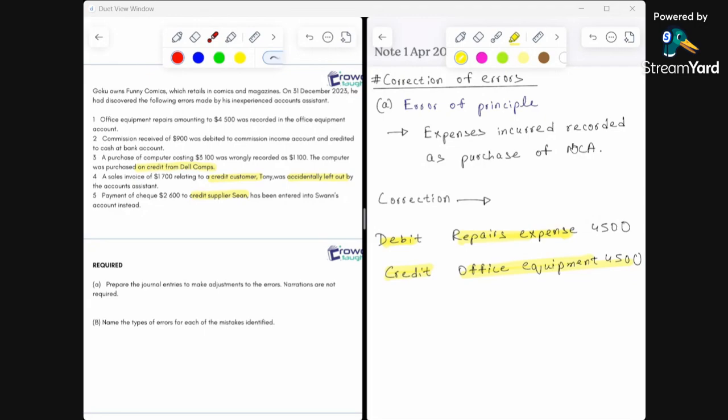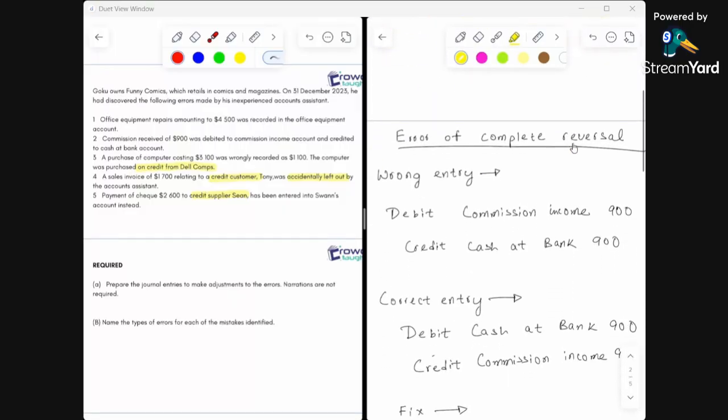So debit the repairs expenses by 4,500, which reflects the fact that expenses are increasing. And then we credit the office equipment by 4,500, which basically decreases the assets and also removes the mistake which we had previously done. Okay? All right. Now let's look into the second error that we've got.